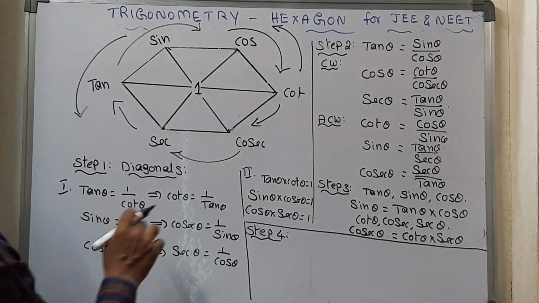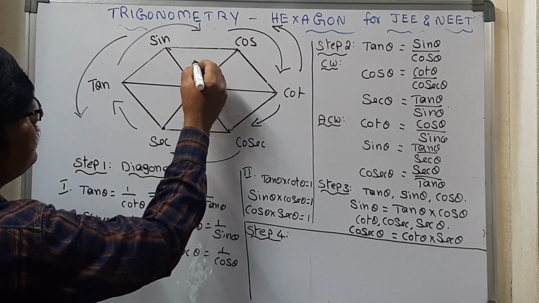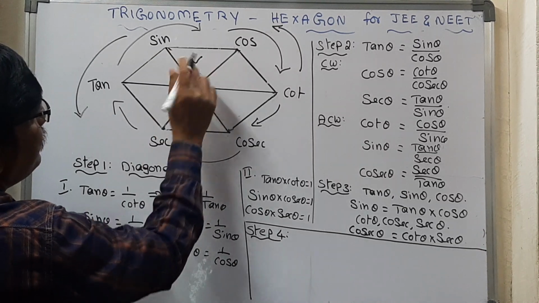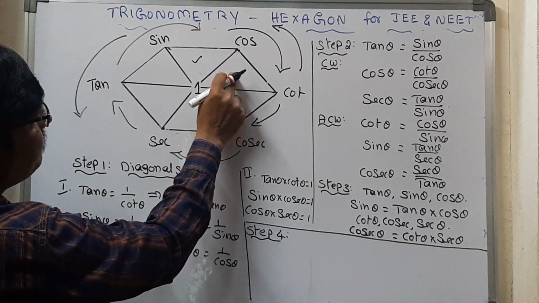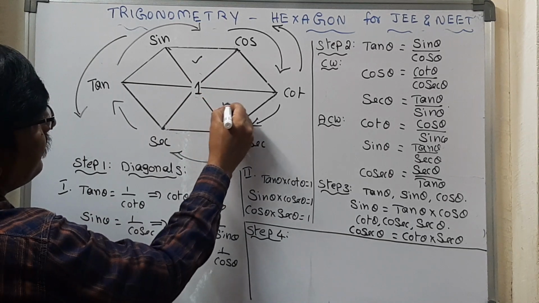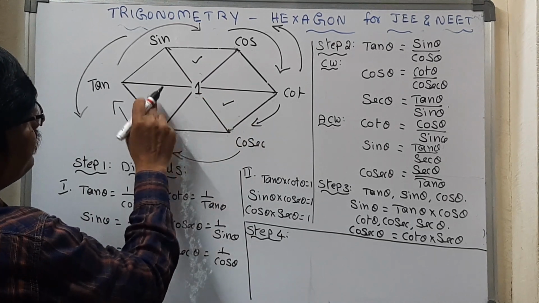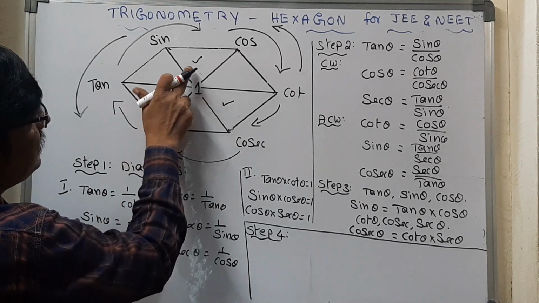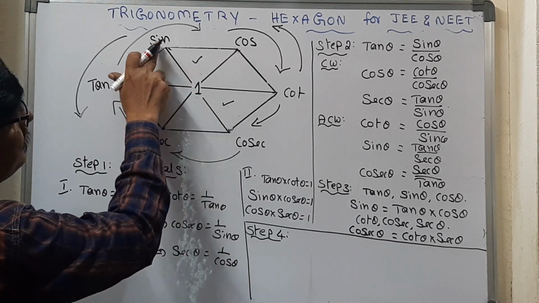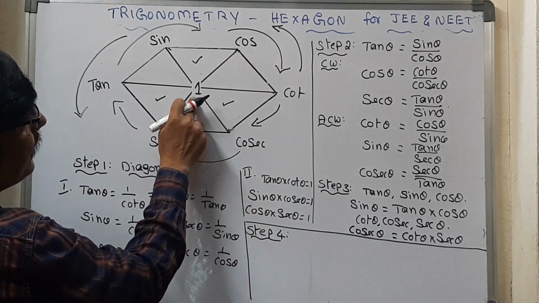In step 4, I will keep the tick mark here. Take this triangle, skip this triangle, take this triangle, skip this triangle, take this triangle. This triangle consists of the sides sin function, cos function, 1.